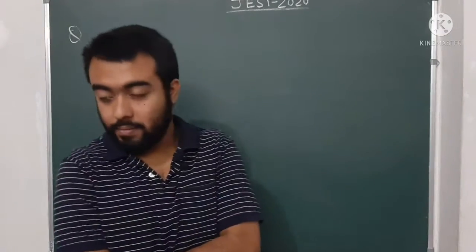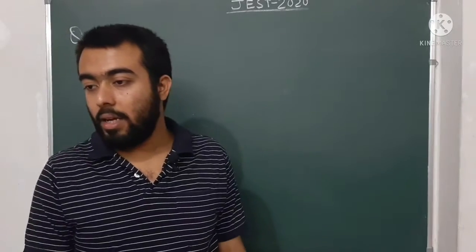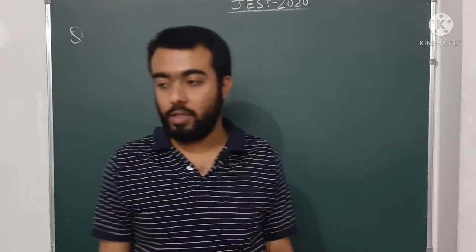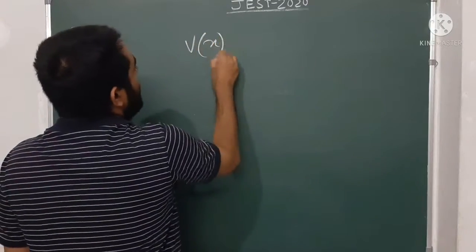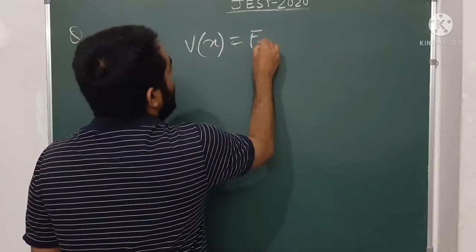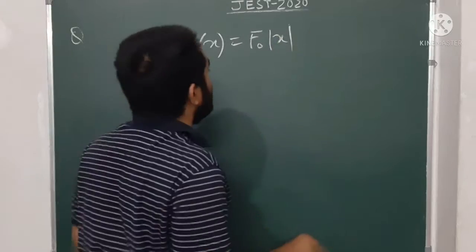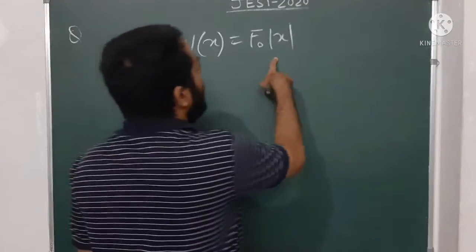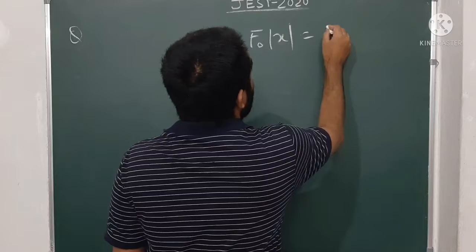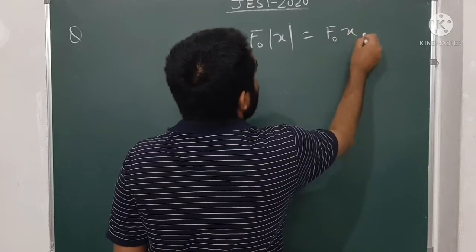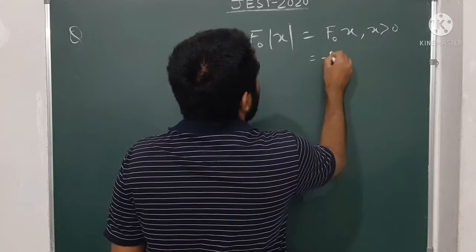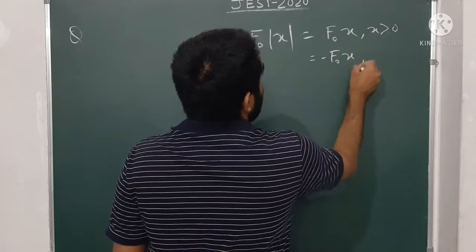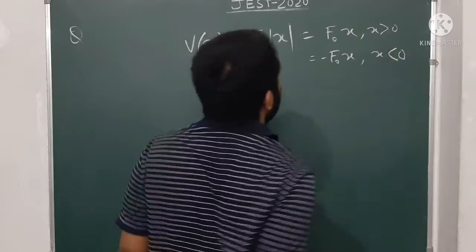Next, a particle of mass m moves in a 1D potential. The potential is F naught mod x. We know the property of mod x: it equals F naught x for x greater than 0, and minus F naught x when x is less than 0.